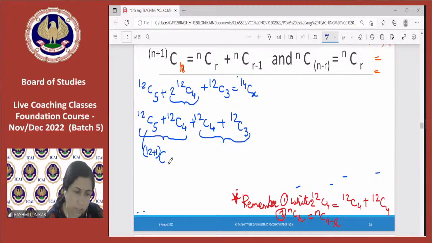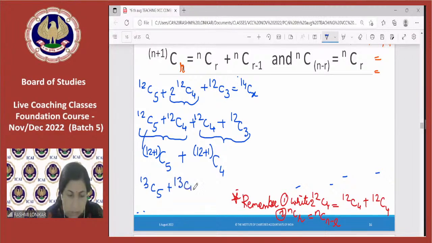Now 12C4 plus 12C3. N is 12, R is 4 because this is R minus 1. So this will become 12 plus 1C4. So this becomes 13C5 plus 13C4.